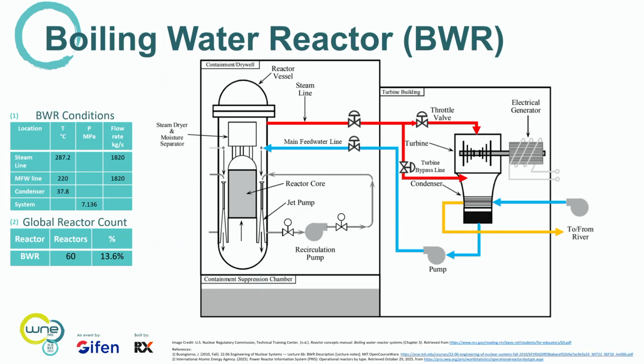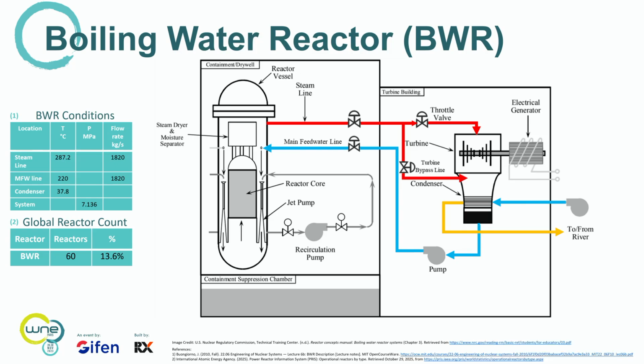Okay, and just basically where the valve is used: you have several types of reactors, for example the BWR, boiling water reactor. You have different conditions, and this is what's important to us. You have the steam line operating at about 287 centigrade with a flow rate. Depending on the flow rate and the temperature, that's where you're going to have to select the type of valve, the size of the valve, the trim type, et cetera, to be able to regulate that flow.